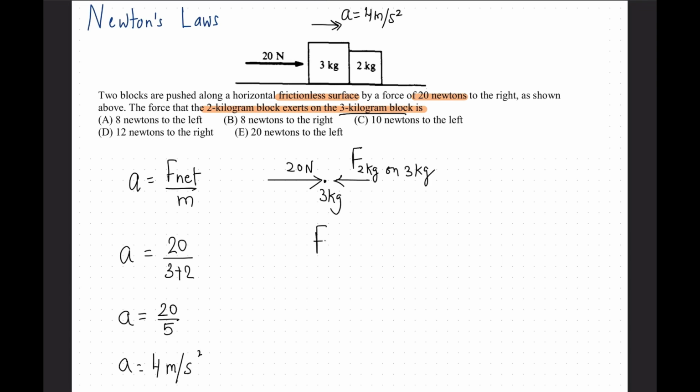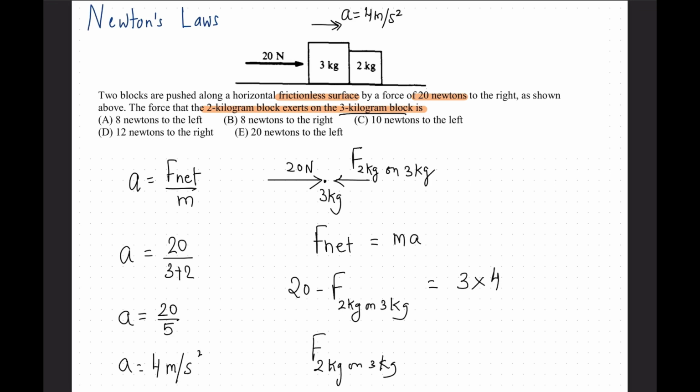So we can write F net equal ma. This is for the 3 kg block. So 20 minus F, that is the force of 2 kg on 3 kg, is equal to the mass, which is 3, multiplied by the acceleration, 4. So we can find this force which the 2 kg block will apply. That will be equal to 20 minus 12, which is equal to 8 Newton.